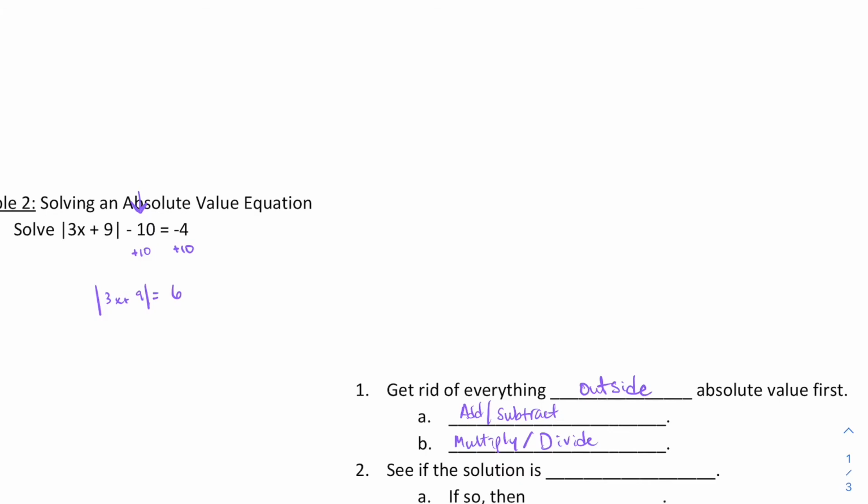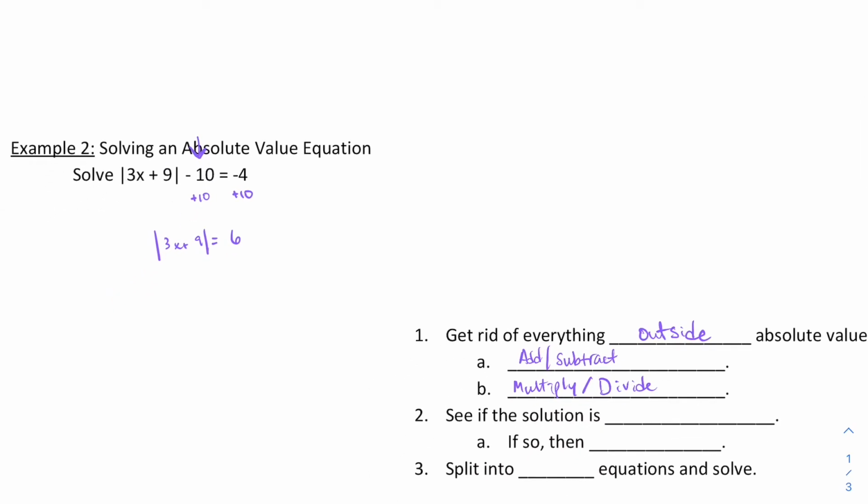Okay, so from here, see if the solution is positive or negative. Right? So if my solution is negative, then it is no solution. Right? After that, you split into two equations and solve. So you have to get rid of everything outside of your absolute value first before you can see if it's no solution or not, because it can be tricky like this.